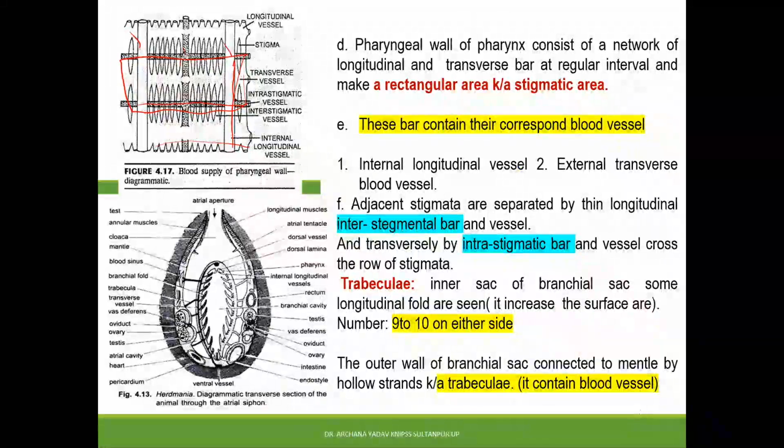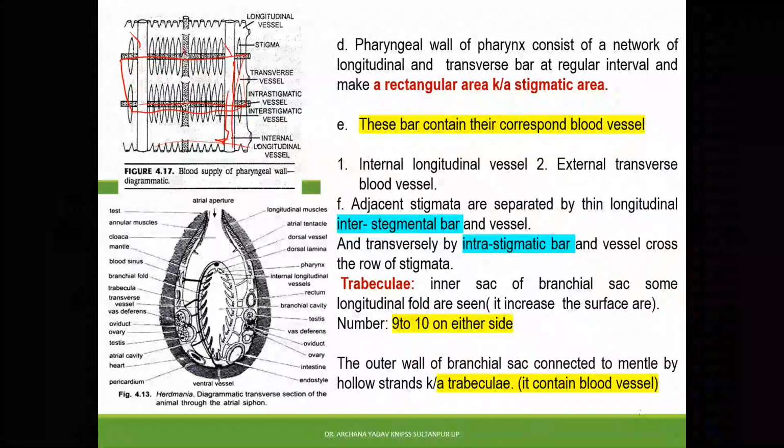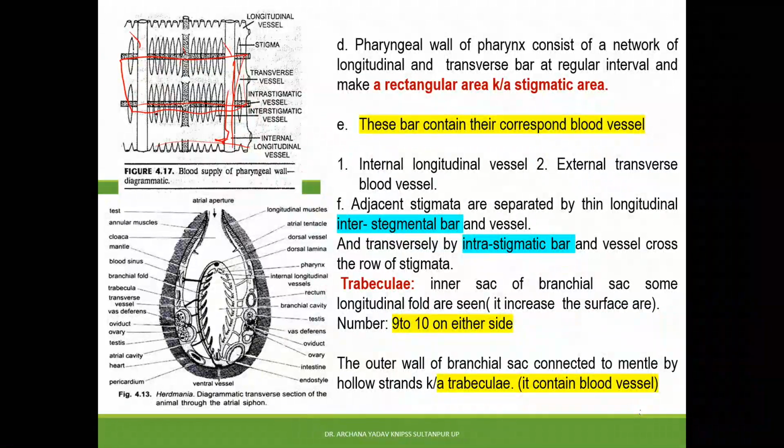One is the internal longitudinal blood vessels corresponding to the longitudinal bars, and the external transverse blood vessels corresponding to the transverse bars.